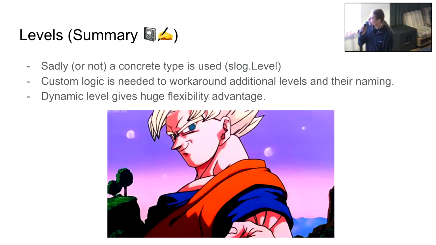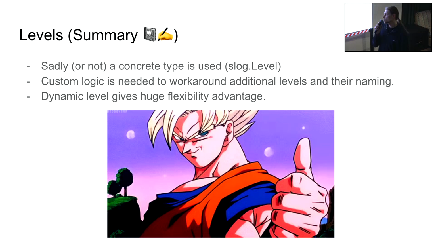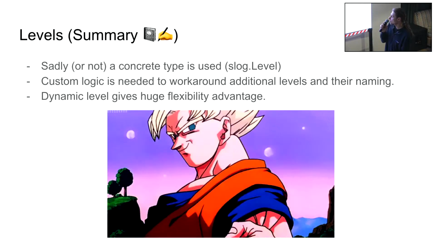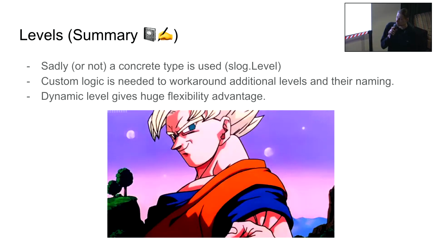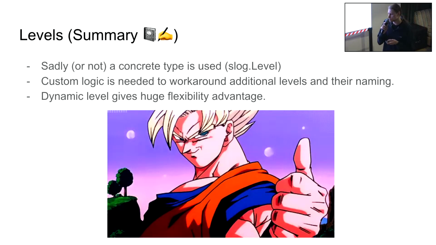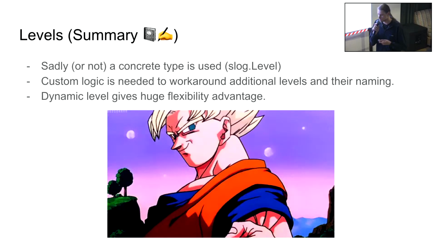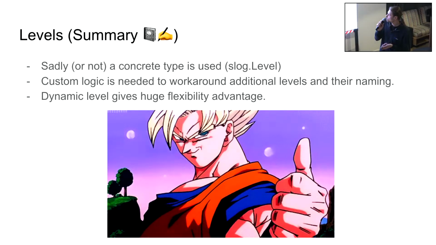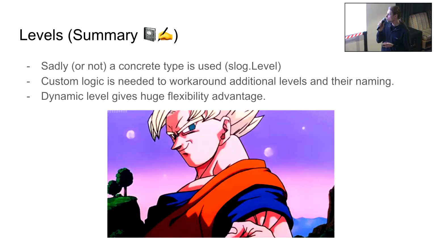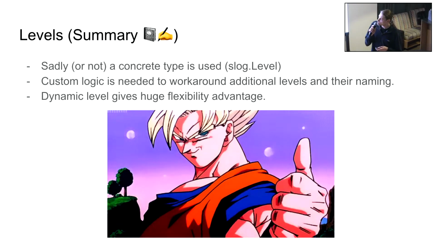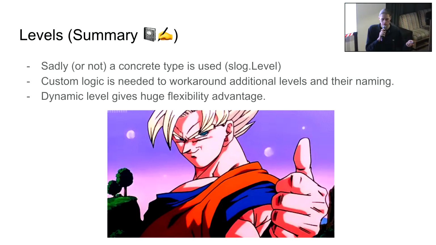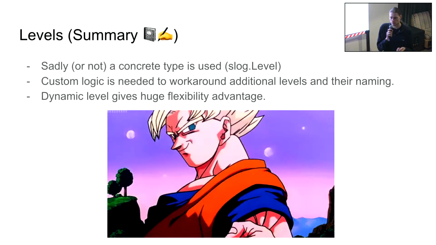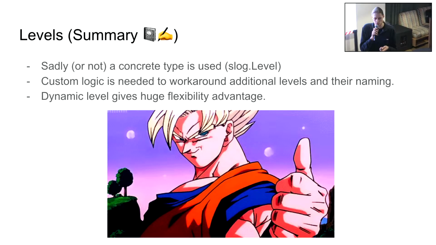To summarize levels, sadly a concrete type is used and we need custom logic to apply our workarounds in order to have a beautiful message in the logs. And dynamic level gives a huge flexibility to increase or decrease logging without causing disruptions in production.